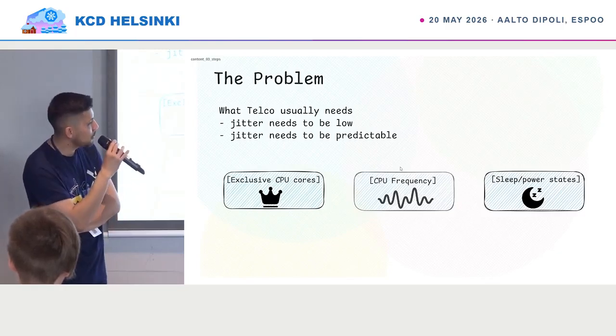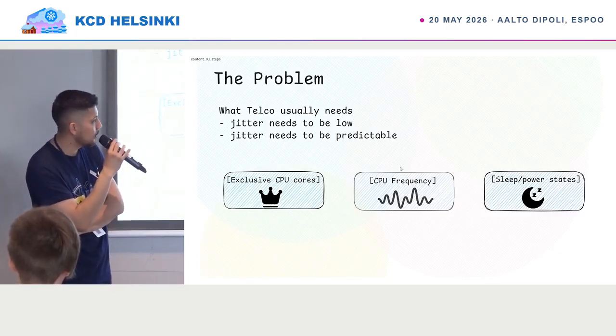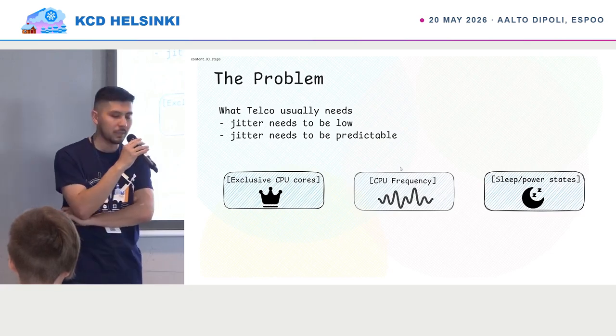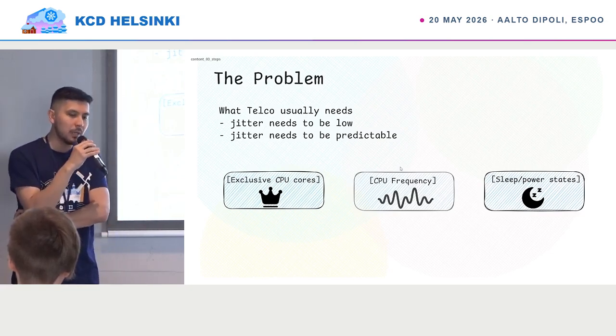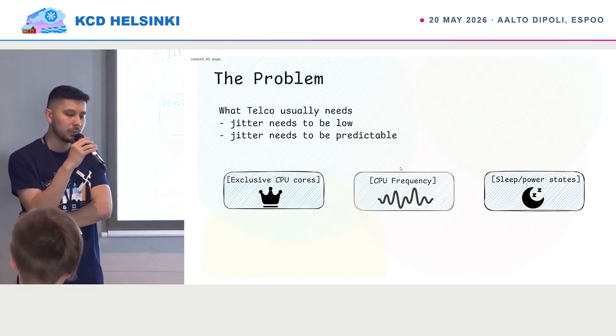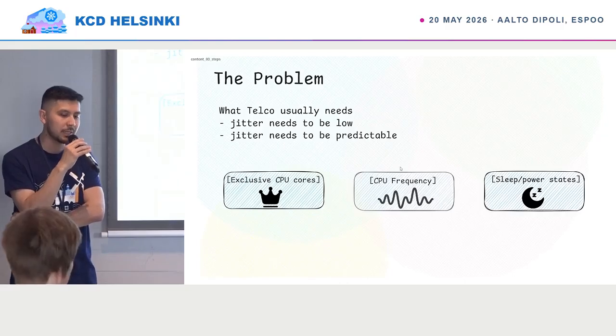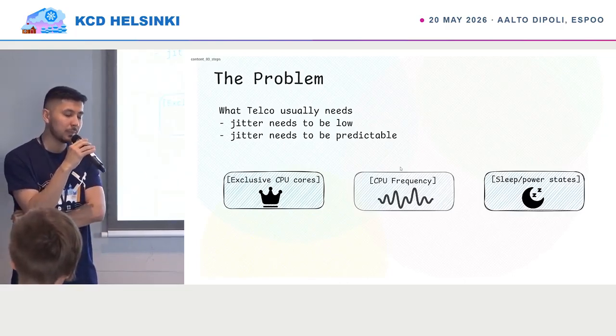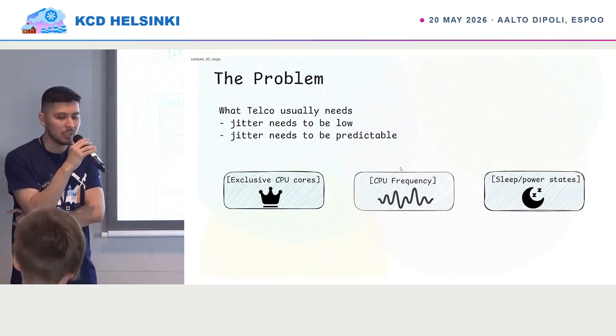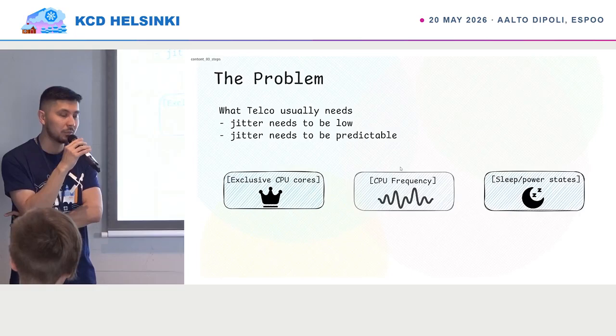The last one in this list is playing with the C states, or the power states, meaning you could disable the sleep C states, because going in and out of sleep is going to cause some jitter issues.